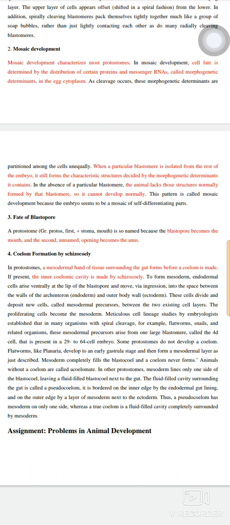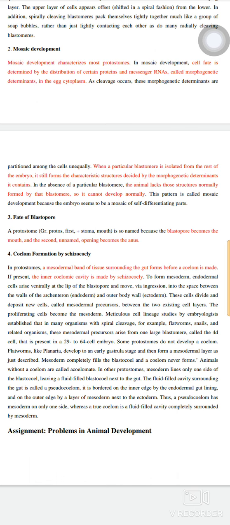So, in your free time, you can just get your pen and summarize these notes. You can do it in a tabular form. You write one side as protostome and the other side as deuterostome, so you have to compare them equally.